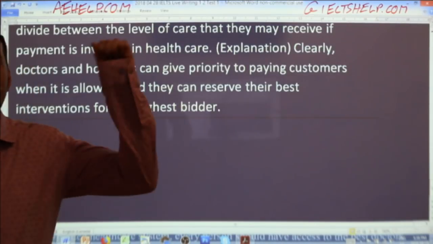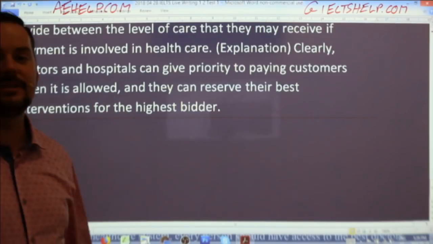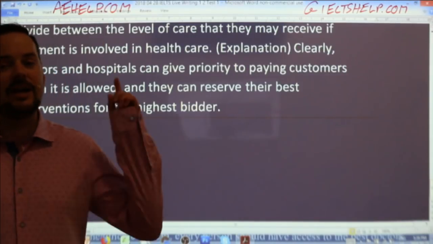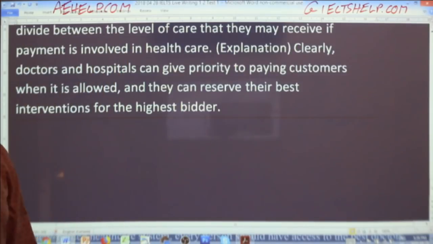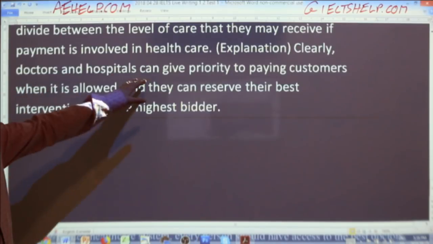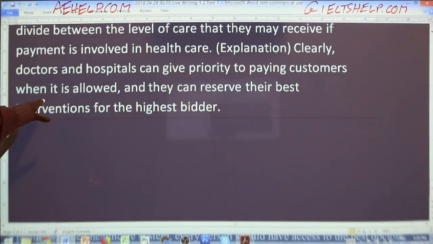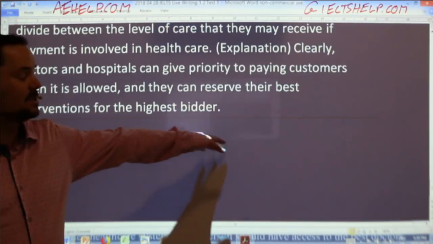So, hey, I got $1 million. I'll pay for that treatment. Don't give it to that guy. Oh, really? I have $5 million. I'll pay for that treatment. Don't give it to the guy that just said $1 million. So it creates a bidding contest. So clearly doctors and hospitals can give priority to paying customers when it is allowed, and they can reserve their best interventions for the highest bidder.